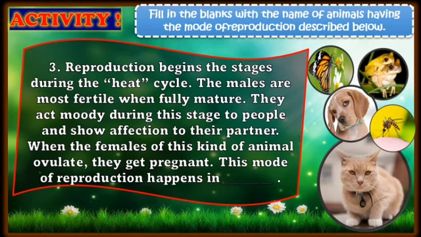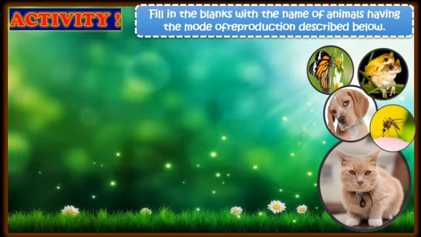Next, number 3. Reproduction begins during the heat cycle. The males are most fertile when fully mature. They act moody during this stage to people and show affection to their partner. When the female of this kind of animal ovulates, they get pregnant. This mode of reproduction happens in cats. Next, number 4.